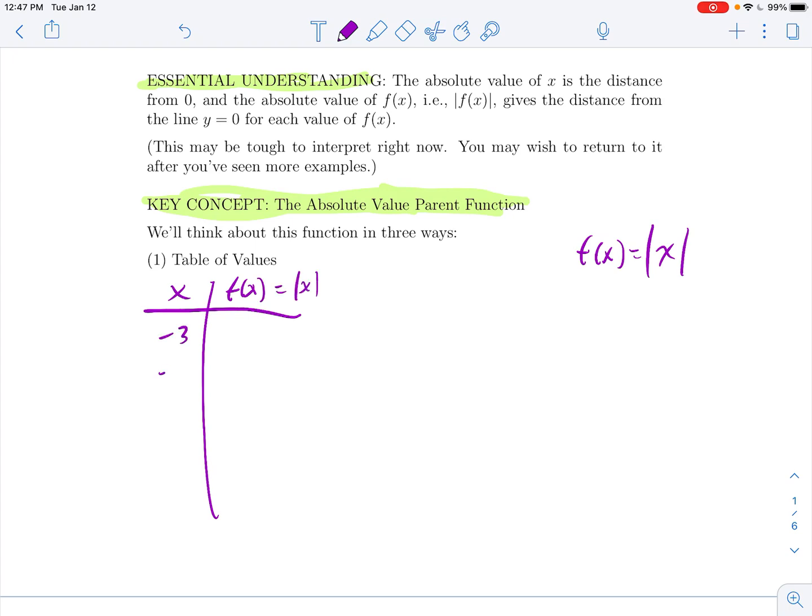And I would encourage you to fill in this table with the integers from negative 3 through 3. The negatives get turned into positives, 0 stays the same, the positives stay the same. This is one way of understanding what the absolute value function does. We're listing specific input and output.